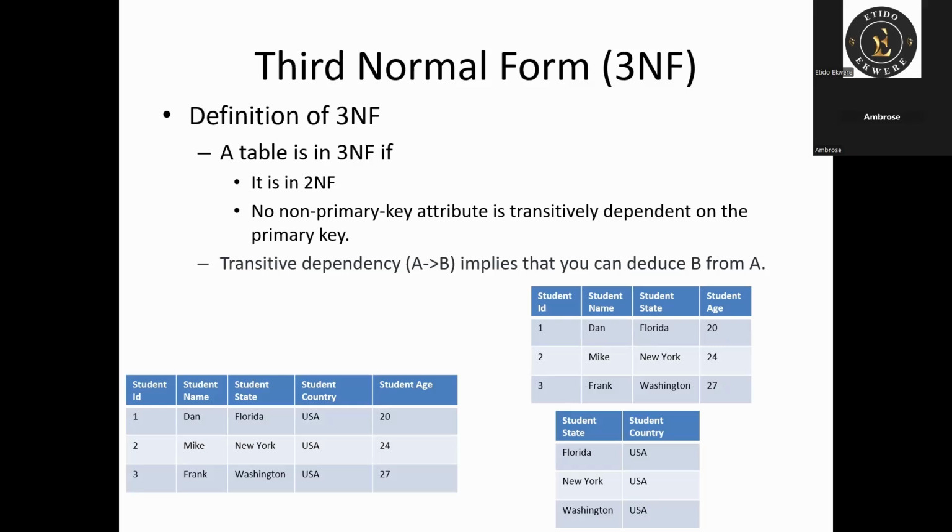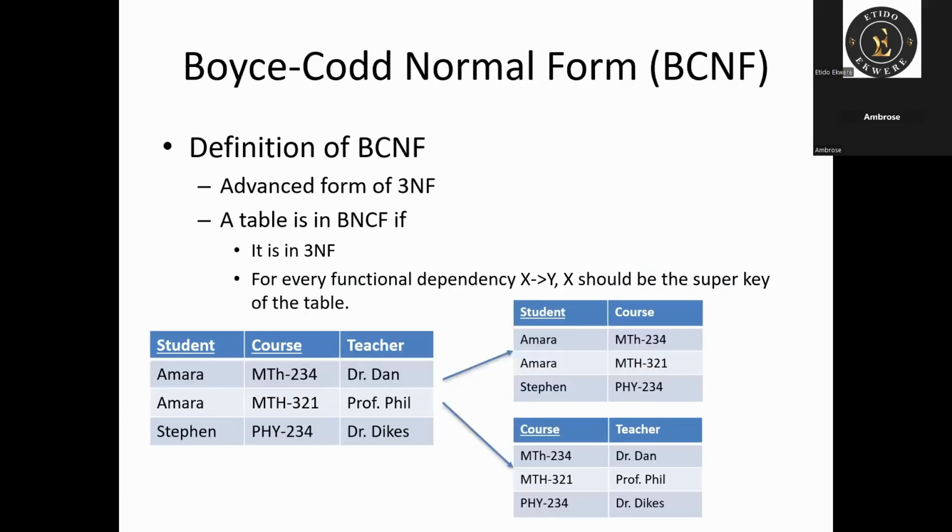Now, Boyce-Codd normal form is an upgrade of the third normal form. The requirement is, first of all, that it has to be in third normal form. Then for every non-trivial functional dependency X determines Y, X should be a super key of the table. Depicting that pictorially, we have the students table, the course table, and the teacher table.